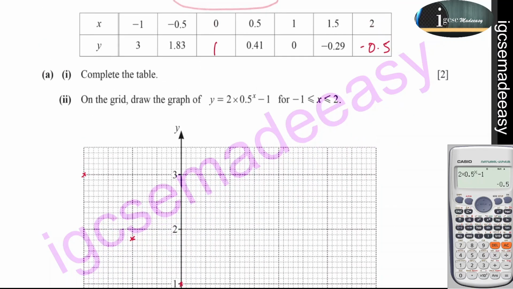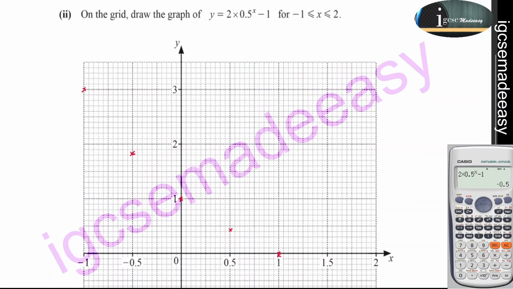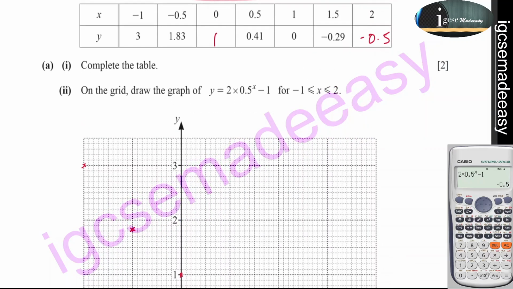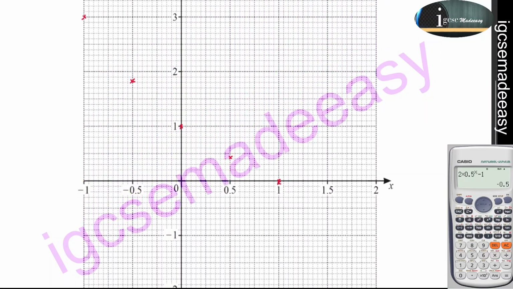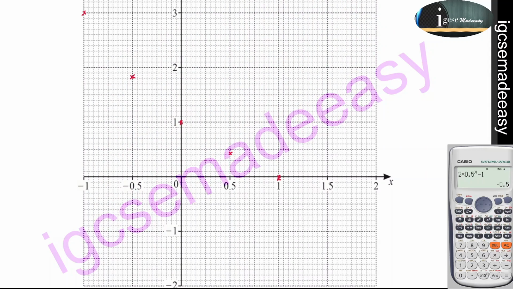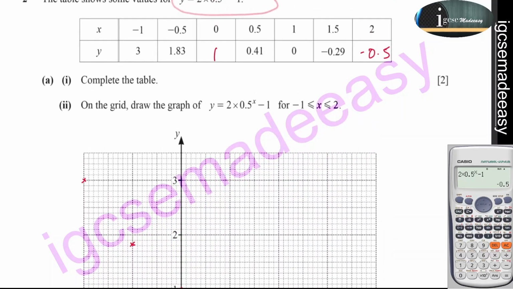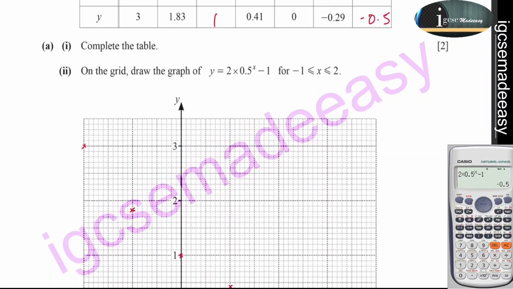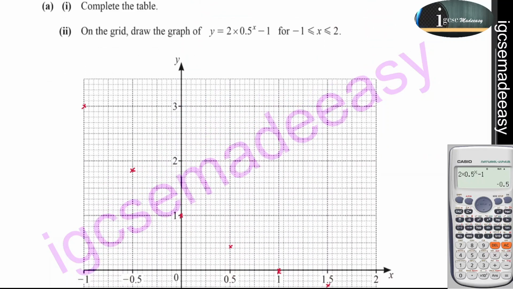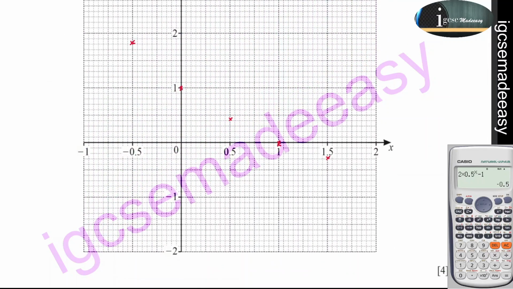And then we have 1.5 and minus 0.29. Minus 0.29 will be somewhere here, this point. Then we have 2 and minus 0.5. 2 and minus 0.5 is here, this point.